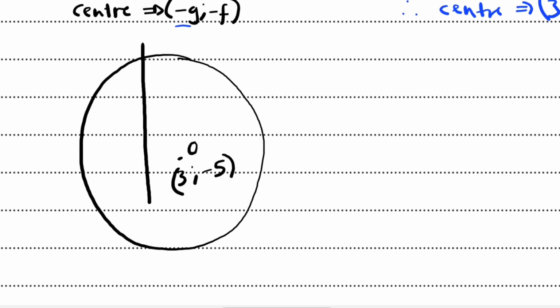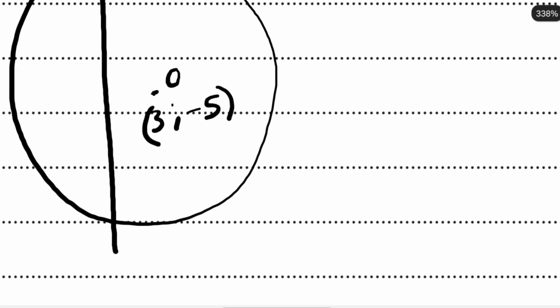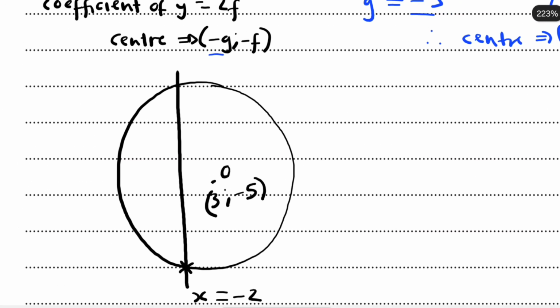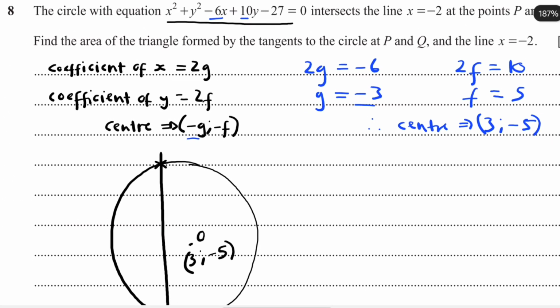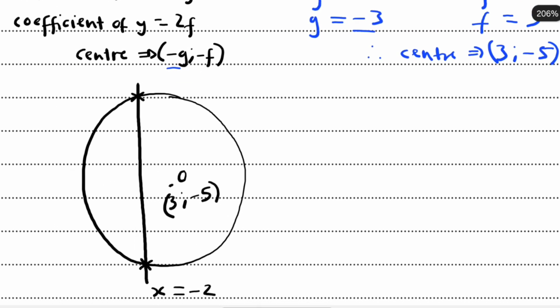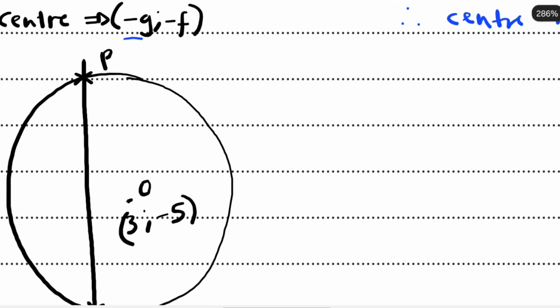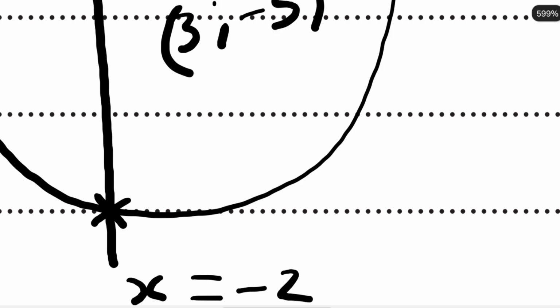So let's put it right here. x equals minus 2, and it intersects the circle at P and Q. We can call this P and this Q.